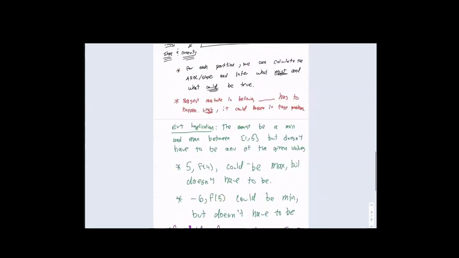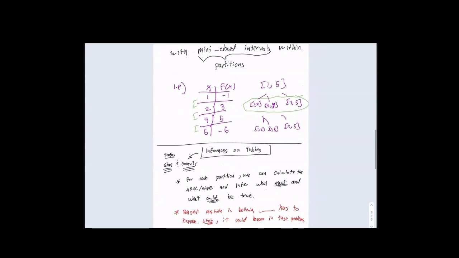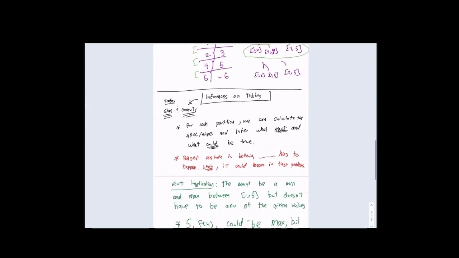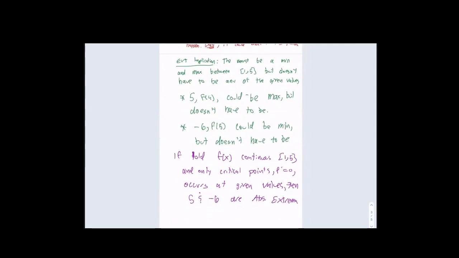If I told you that f prime of 4 and f prime of 2 equal 0, and those were the only places, then the max and min have to happen at those values. But because I typically don't give that to you, you can't assume it. So a lot of these answers will look like they want to trick you into believing an answer in the multiple choice, because they say, which of the following must be true?